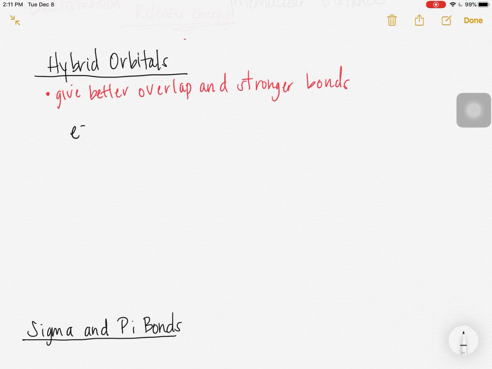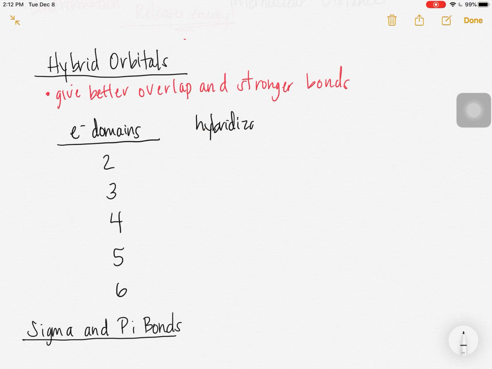And again, this is where we're going to go back to our shortcut, where we look at the electron domains on a molecule. It's either going to be 2, 3, 4 for the AP test, but while we're at it, we'll just include 5 and 6. And then we can discuss the hybridization on that central atom.